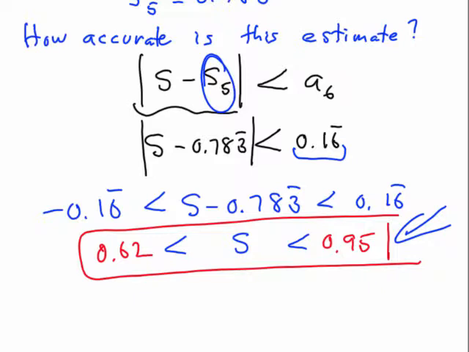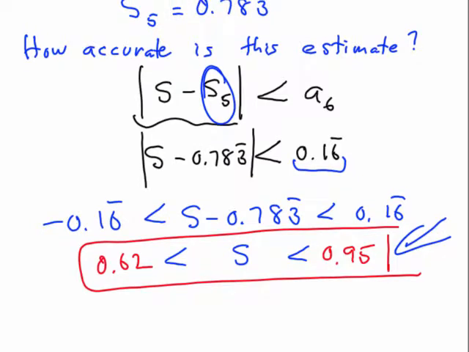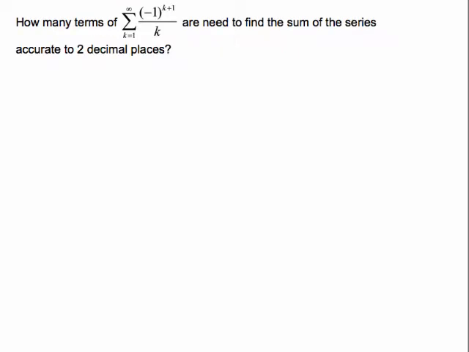So then you might say, well, what if I wanted an estimate for my sum S that was accurate to 2 decimal places? Alright, so in this case we're saying that our error to 2 decimal places means that with rounding our error can be at most this.